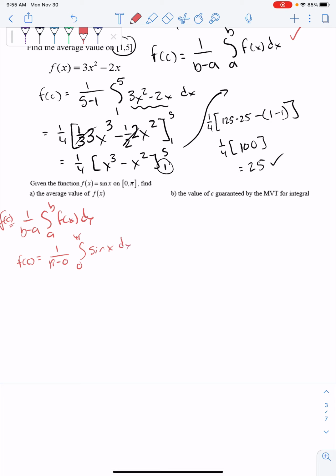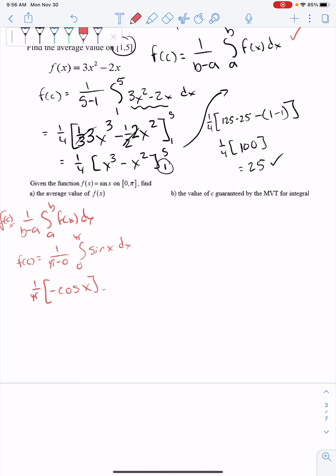dx. All right, so this 1 over pi, I'm going to move out front. And then I've got to take the integral of sine of x. So to get sine, I have to go backwards to cosine, but it's a positive sign, so I've got to go backwards to negative cosine of x.